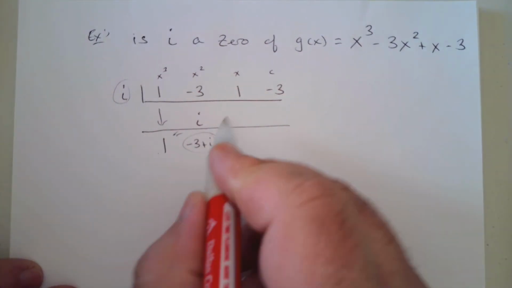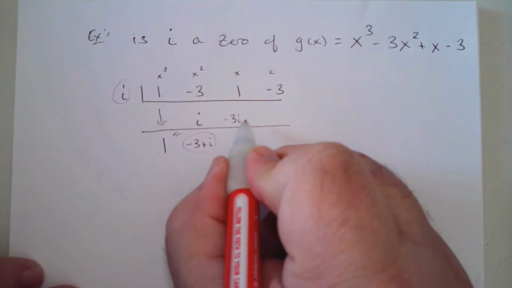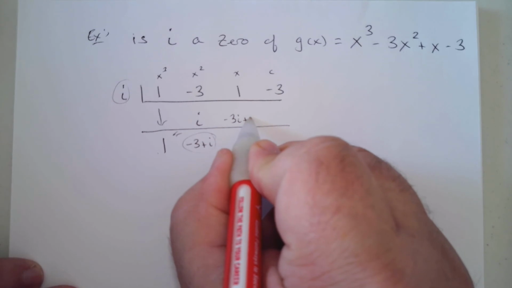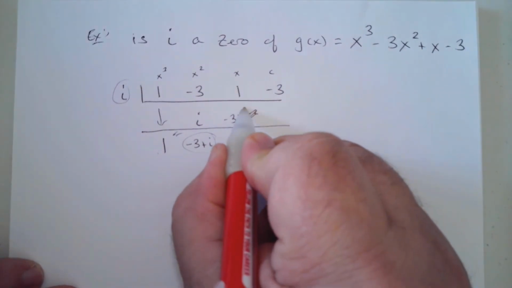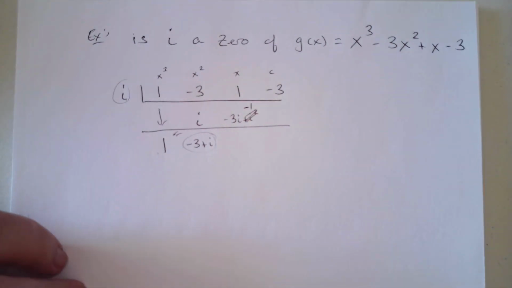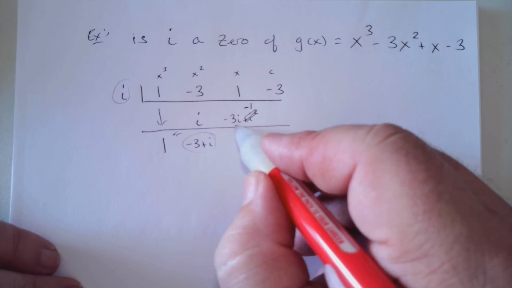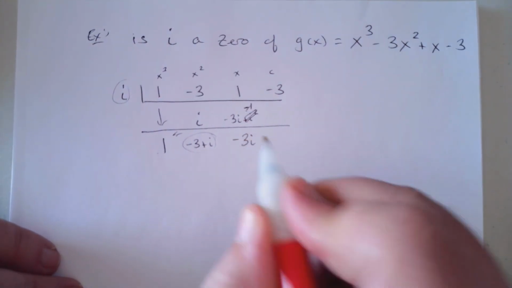So i times negative 3 is negative 3i. i times i is i squared, which becomes negative 1. And we add 1 minus 3i minus 1. The 1's cancel, so we have minus 3i.